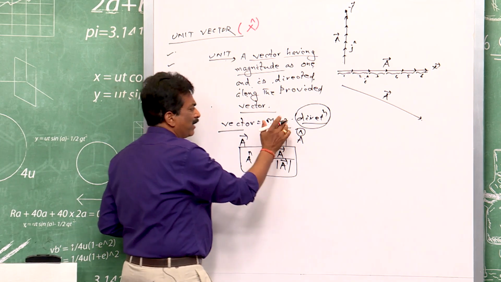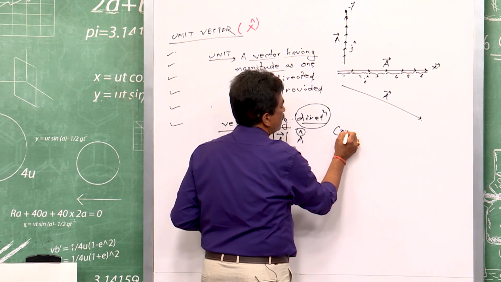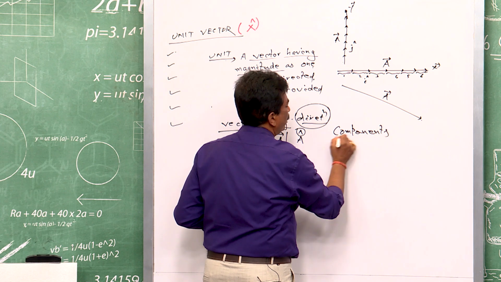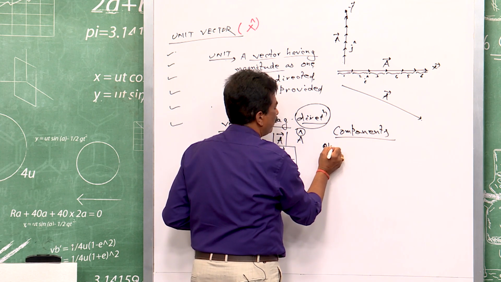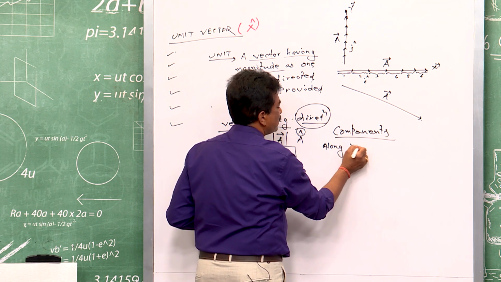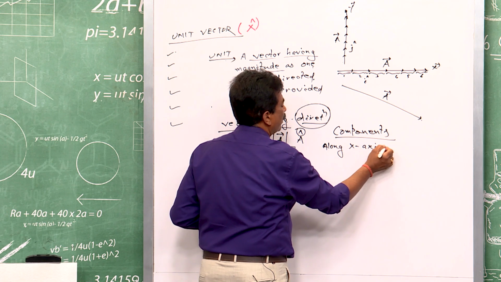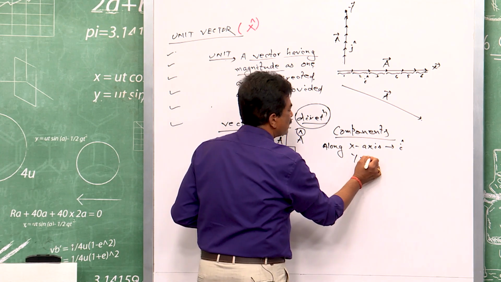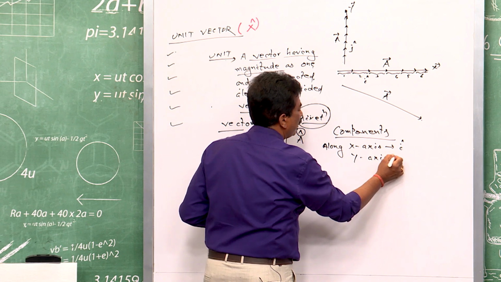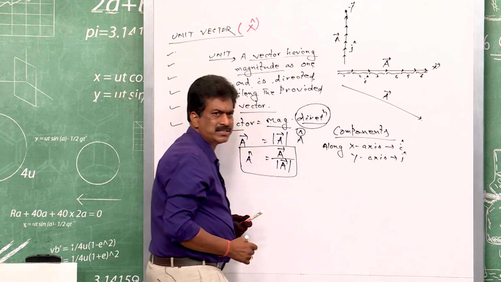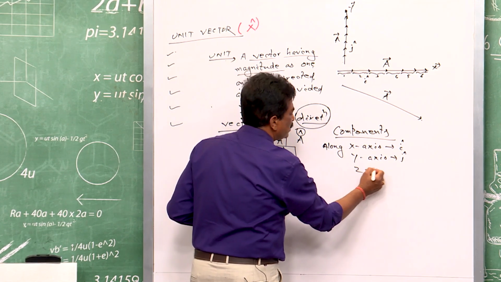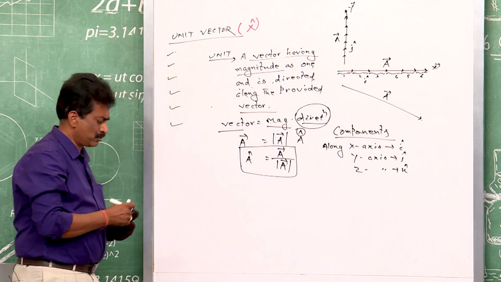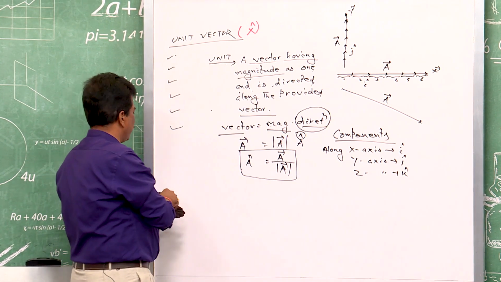The unit vector has components. Components means along the x axis, the unit vector is i cap; along the y axis, the unit vector is j cap; and along the z axis, the unit vector is k cap. So, how are i, j, k represented?